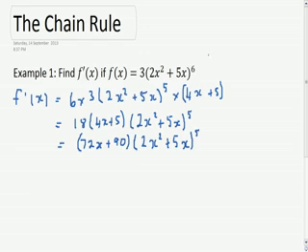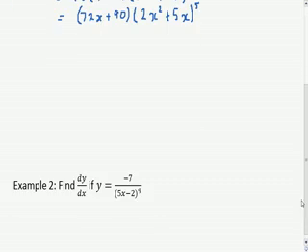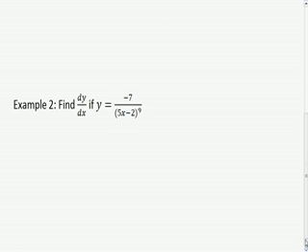Okay, let's have a look at another example. Now, this really does, I think, show the power of the chain rule, or function of a function rule, because what we can do here is say that y is equal to -7 bracket 5x minus 2 raised to the power of -9.